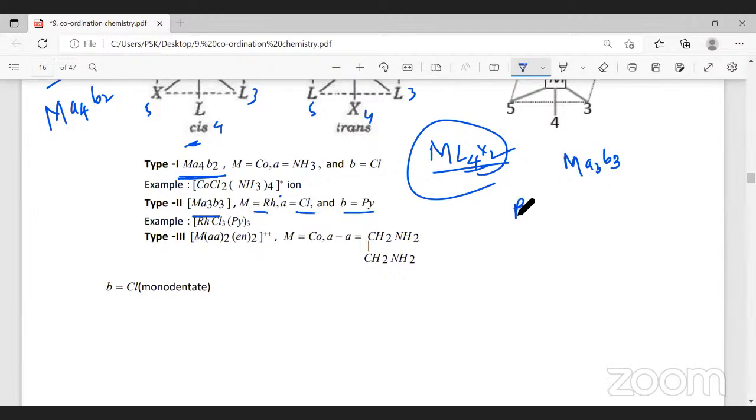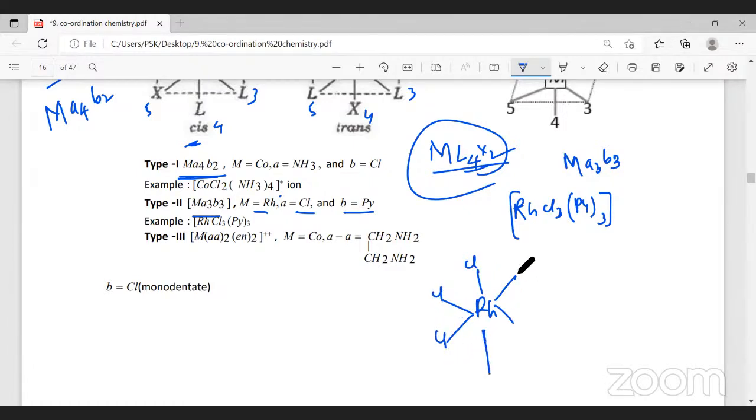So they have given the rhodium complex, Rh and py, this is the complex. Now, you can have rhodium at the center. Octahedral is the structure. So I can write chlorine here and ammonia here.